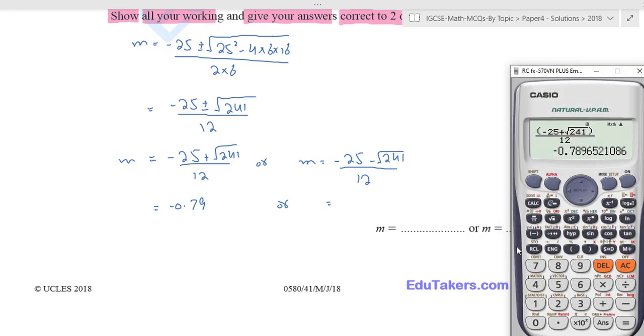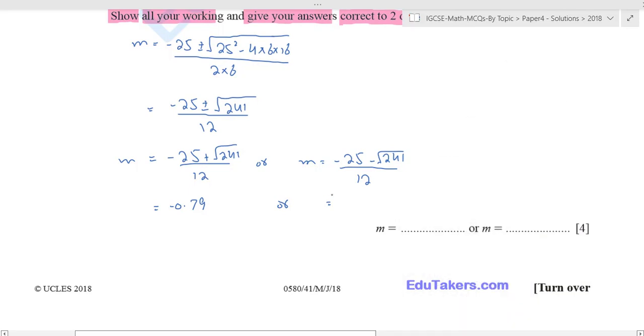And from this, minus 25 minus square root of 241 over 12 is minus 3.38. This is also correcting to 2 decimal places. So m is minus 0.79 or minus 3.38.